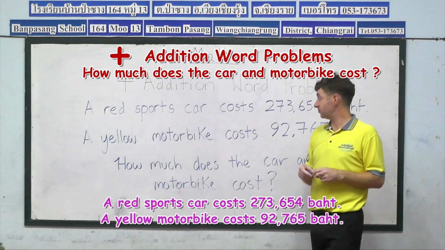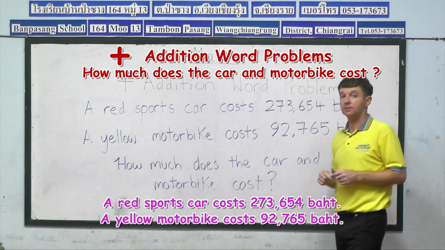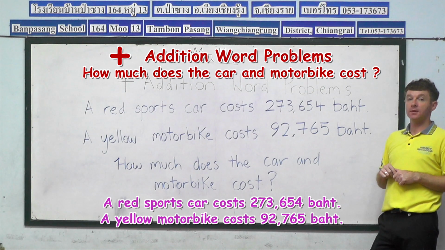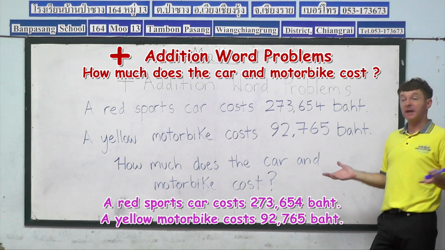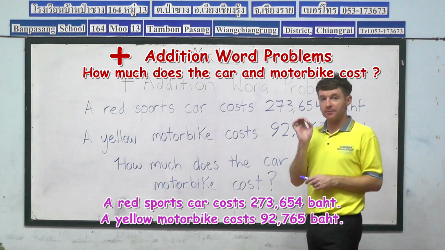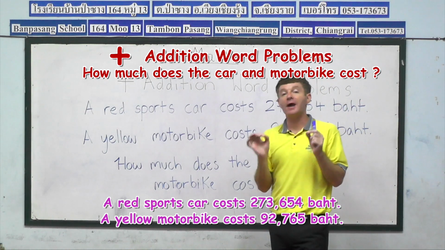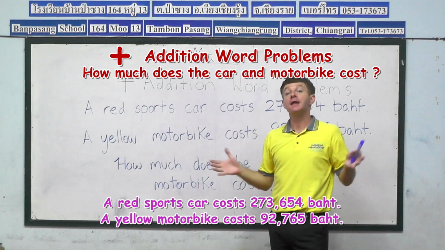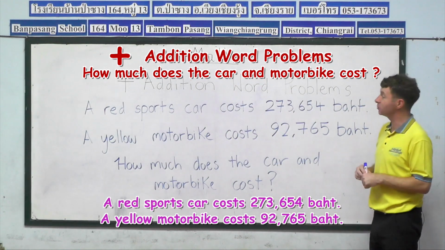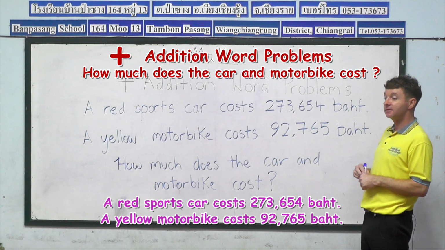How much does the car and motorbike cost? So you can see, it's a word problem, and what we need to do with addition word problems is identify the numbers that we have to add together. So who can tell me which numbers we need to add together, guys?